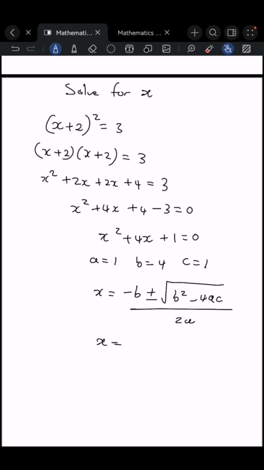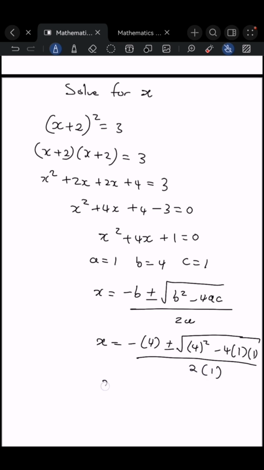So x is equal to minus 4 plus or minus the square root of 4 squared minus 4ac, all over 2a. x is equal to minus 4 plus or minus the square root of 16 minus 4, which is the square root of 12, all divided by 2.